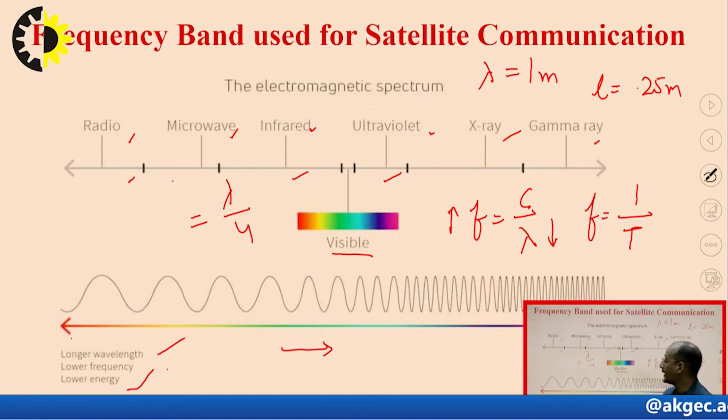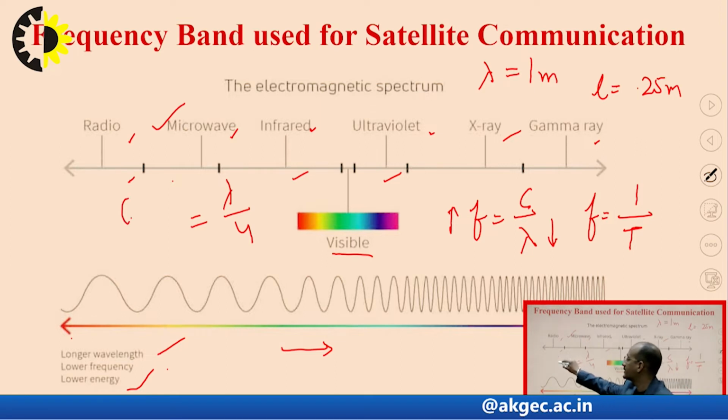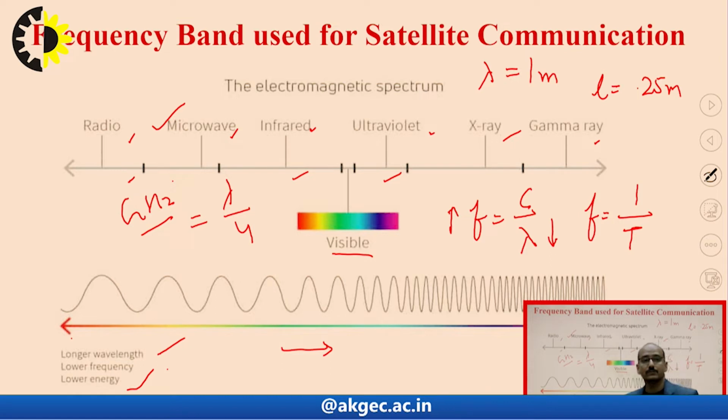As you know, your mobiles are working in the microwave range, the megahertz to gigahertz range. In the gigahertz region, that is related to 10 to the power 9.